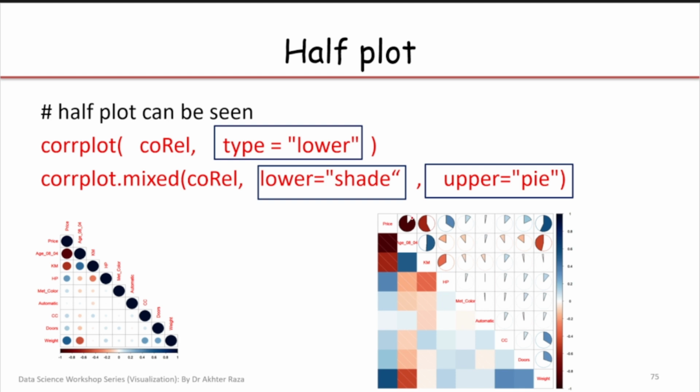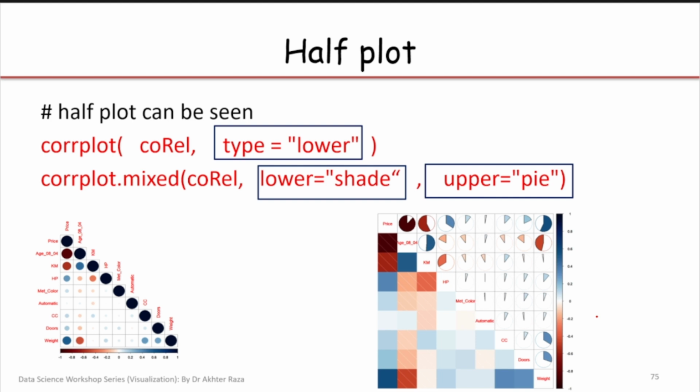The pie is representing a very high correlation, black, dark color with a very high positive correlation, and this is also a high correlation, and so on. The weaker color and smaller pie indicate the weak correlation.